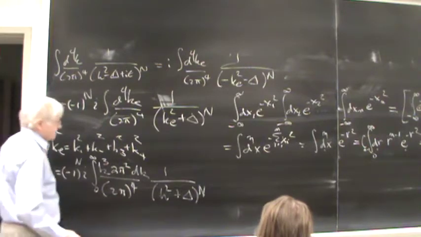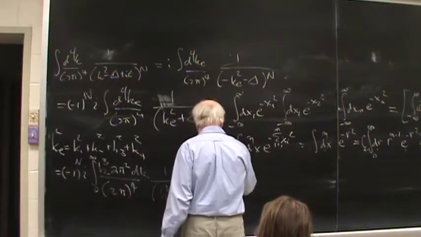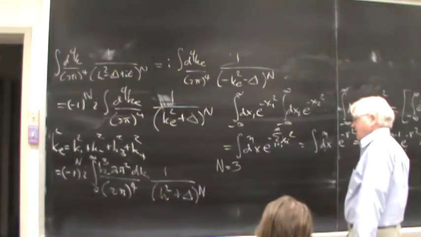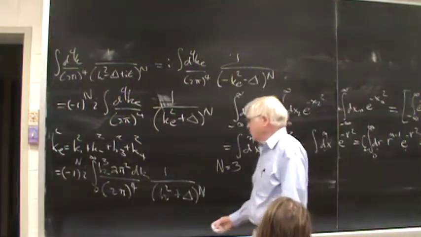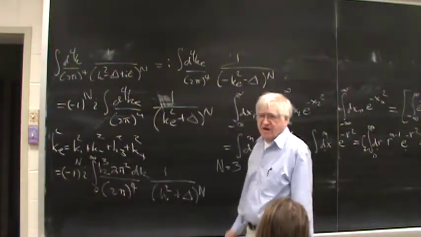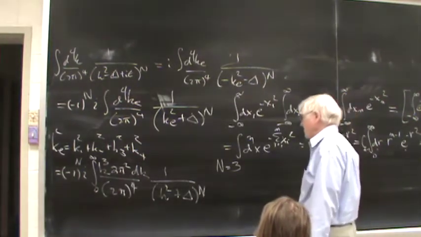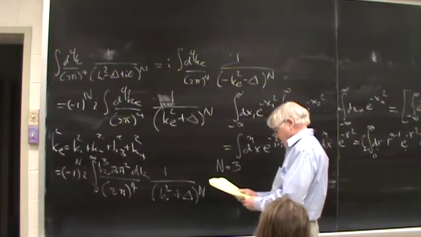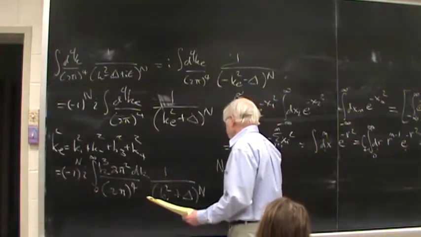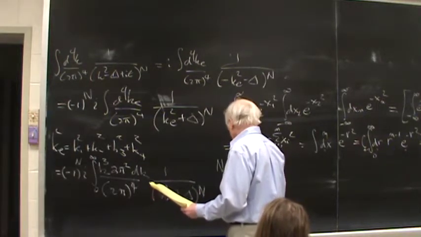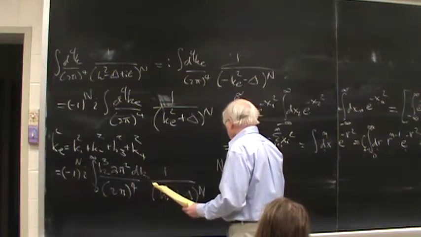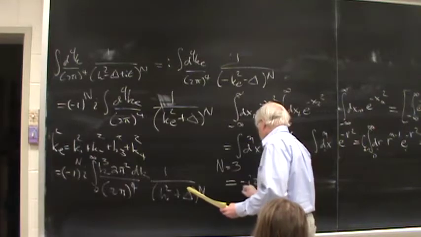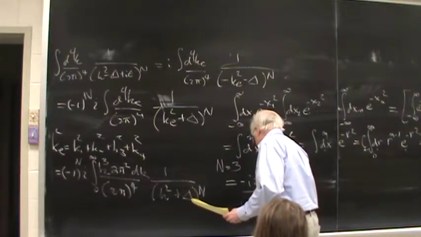Okay. If we go to the case n equals 3, the smallest integer for which this is actually convergent. For n equals 2, we have k cubed over k to the 4th, so that's a log divergence. So we go to k cubed over k to the 6th. That's finite. And so what we have then is, n is 3. So this is minus i, 2 pi squared over 2 pi to the 4th.